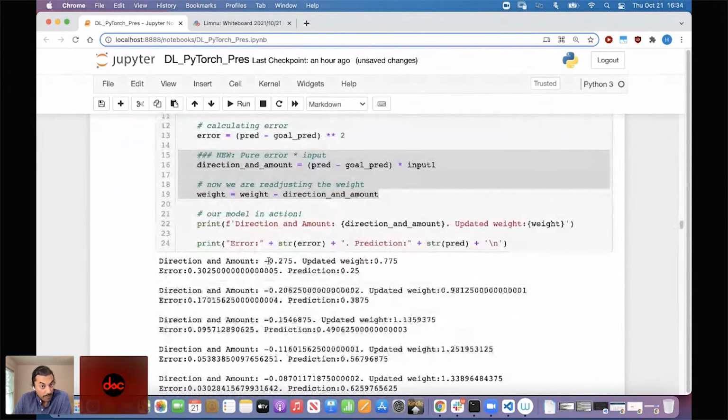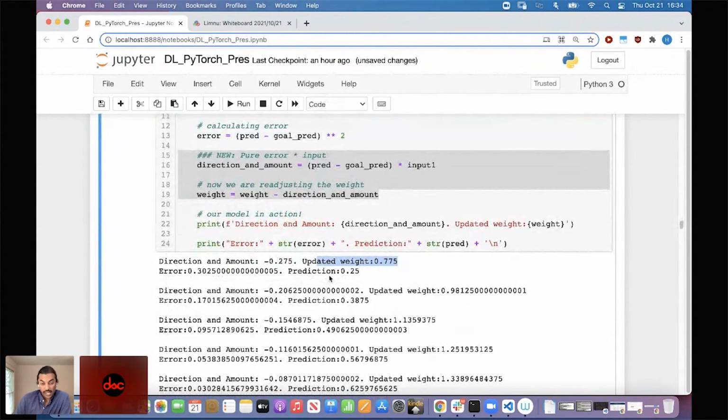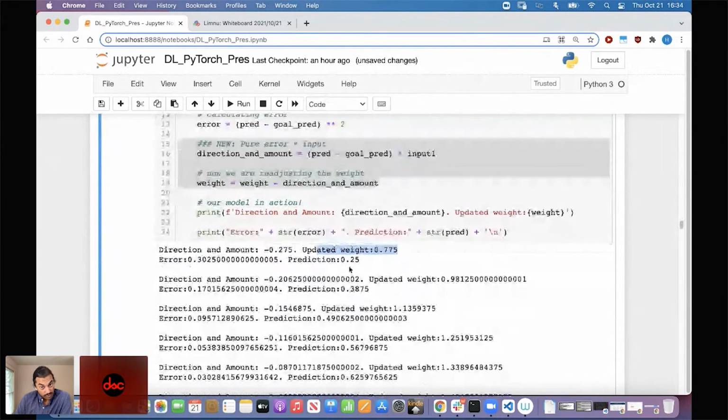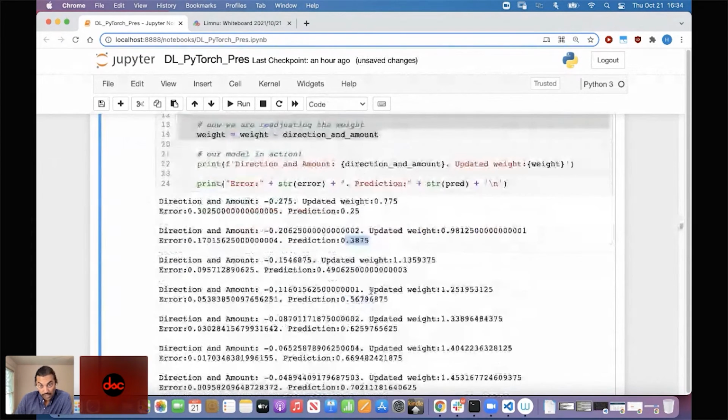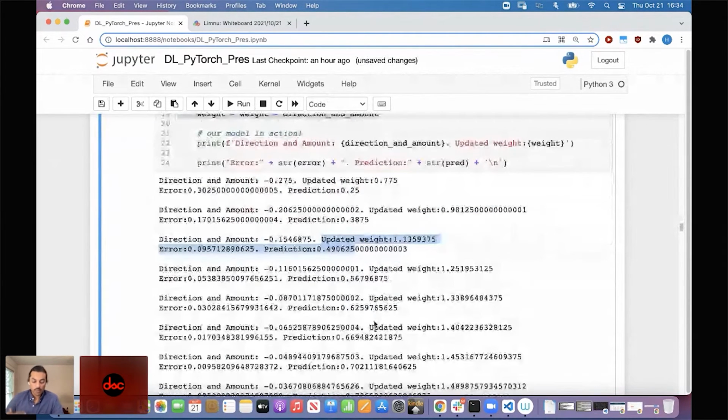Initially, our direction and amount is 0.275. Our updated weight is 0.775. And our error is this, and our prediction is that. But what's happening as we go further, right? We're getting closer. 0.25, 0.38, then 0.49. See how it's getting better? It's able to understand, oh, okay, you're giving me some kind of a direction to go, right?